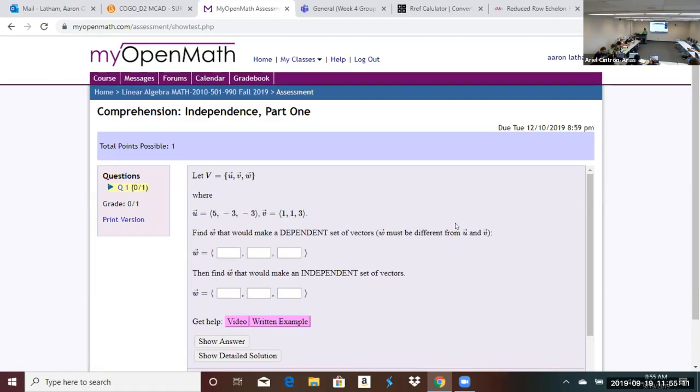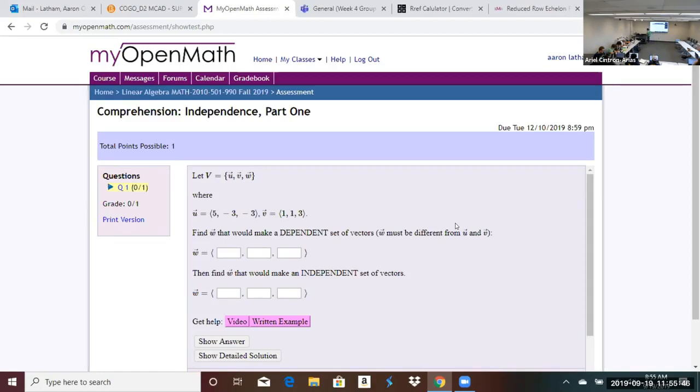If we have a set with 3 vectors, they're called little u, little v, and little w. Then it says, can you find w such that the set u, v, and w would be dependent? How do we do that?